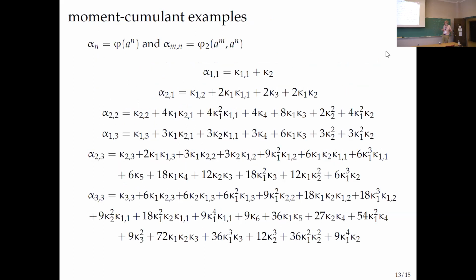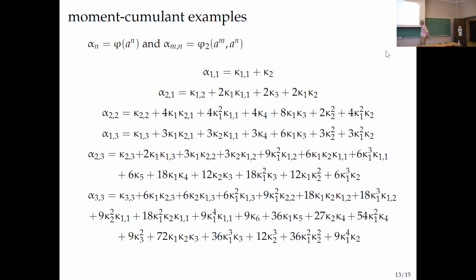Okay, so here I just wrote down how to write these. I'm calling alphas these moments. I did this because when I did this typesetting, I used alpha. I wasn't going to try and do anything weird with find and replace late at night.